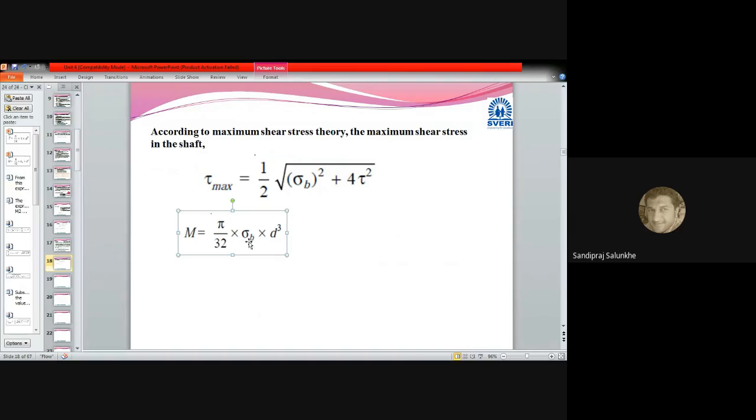Sigma b we will take from this equation and the value of tau from this equation. Can you suggest how we can modify this equation for sigma b? I want to rewrite this equation in terms of sigma b. What should I write?